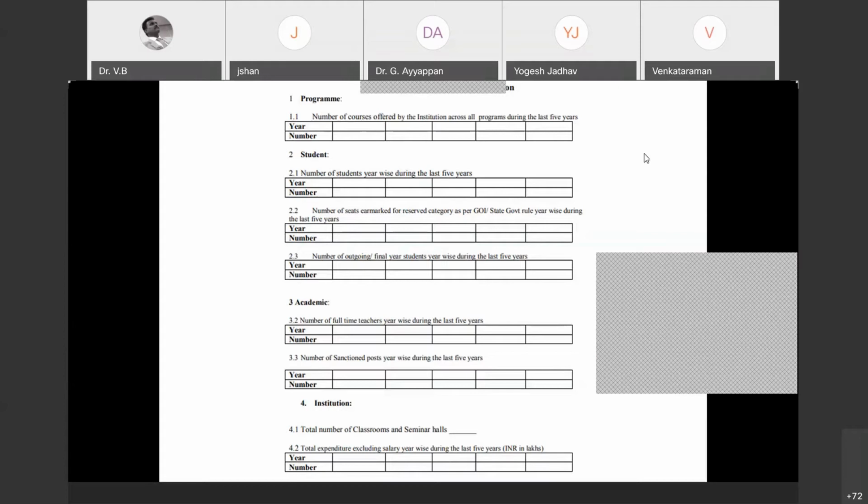For example, a student in a particular department would have taken a TC and left the institution midway through the program. If it's a 4 year program, he would have left in the 7th semester itself.